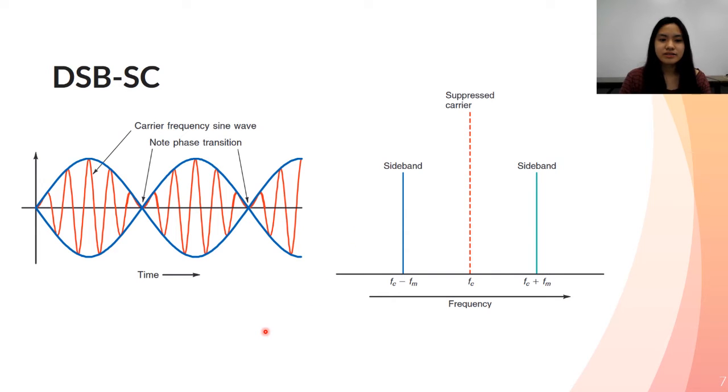A unique characteristic of the DSB signal is the phase transitions that occur at the lower amplitude portions of the wave.